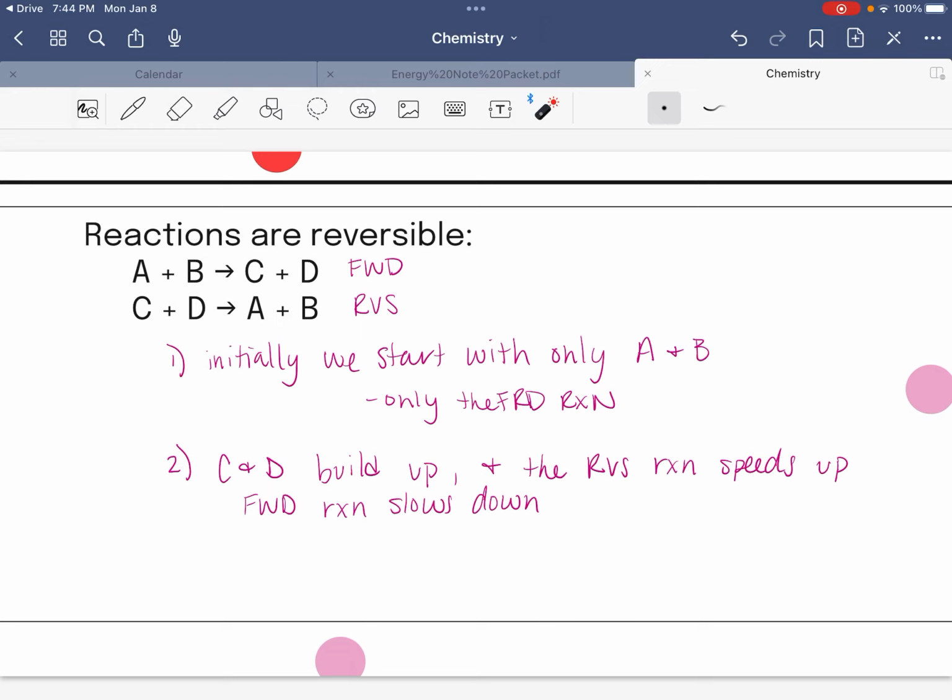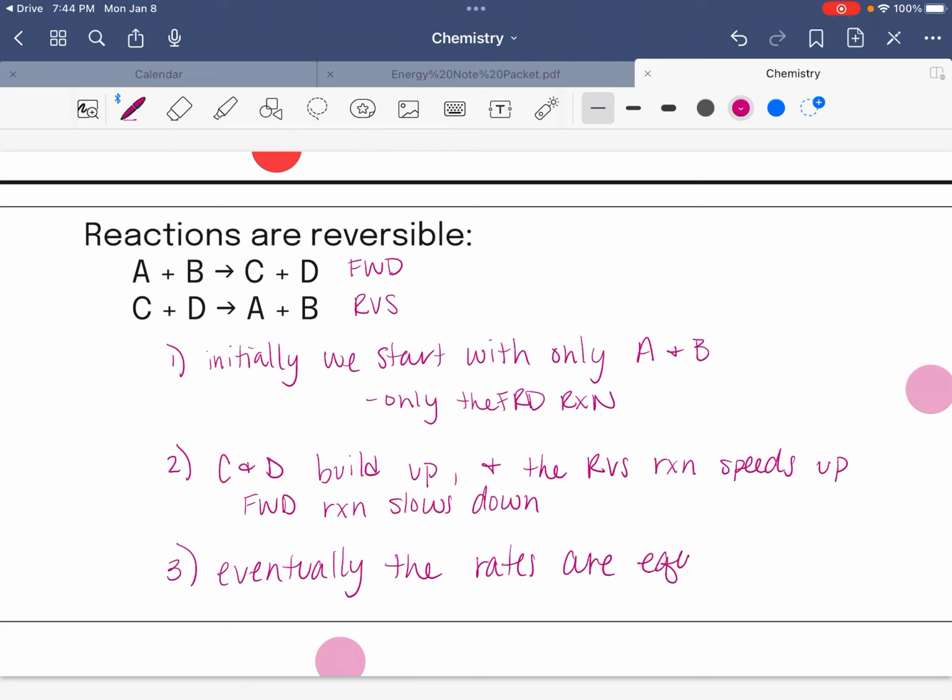And usually we don't go all the way to completion for either of these, which is an important thing to note. We're going to get to this equilibrium. So that's what step 3 is. Eventually, the rates are equal. The rate at which this reactant is becoming this product and the rate at which this product is becoming this reactant are going to be equal.